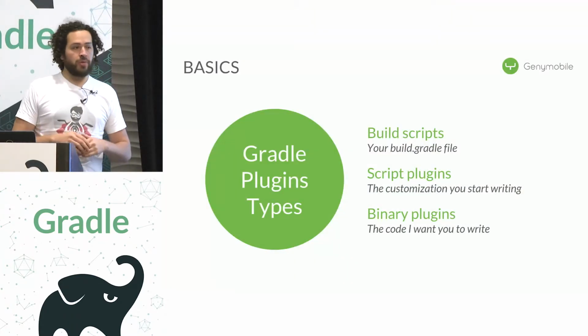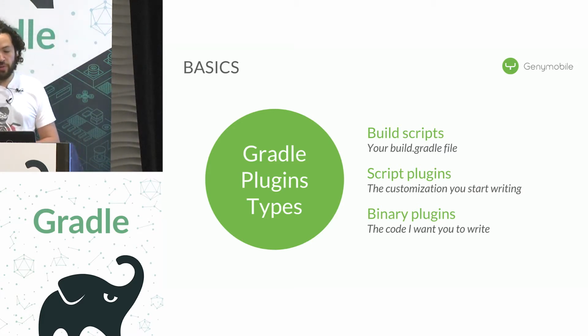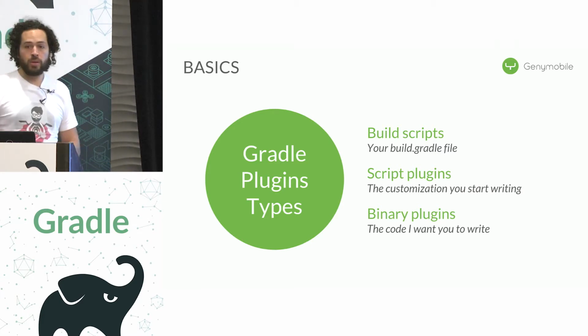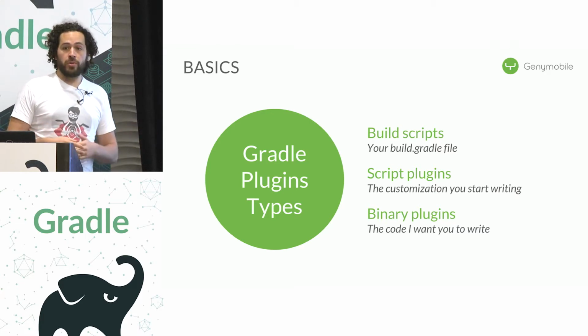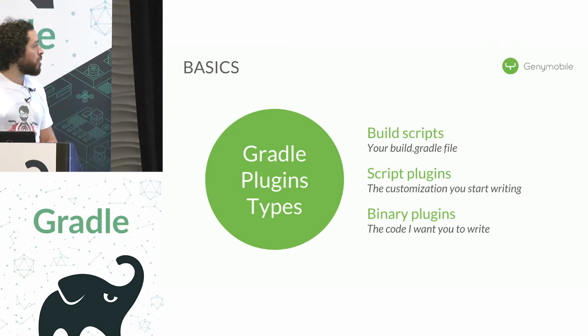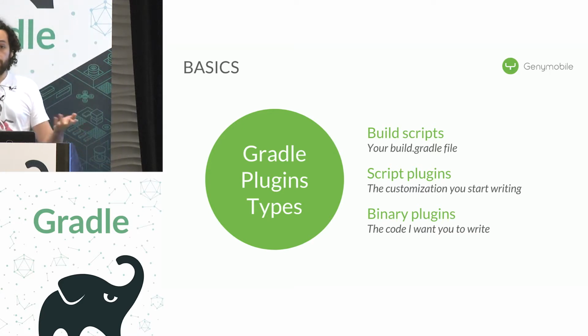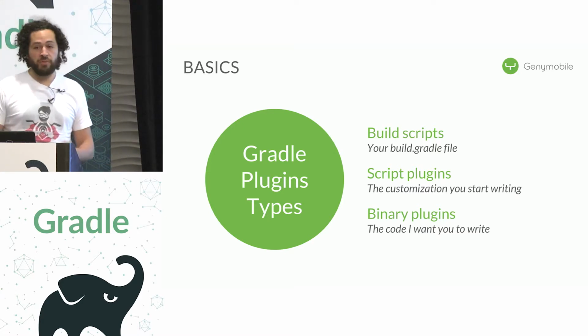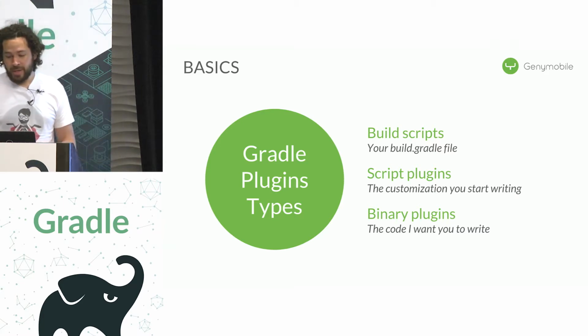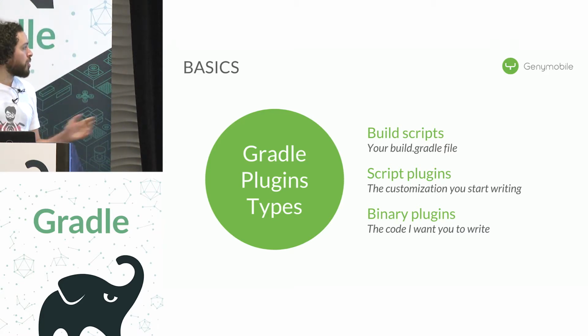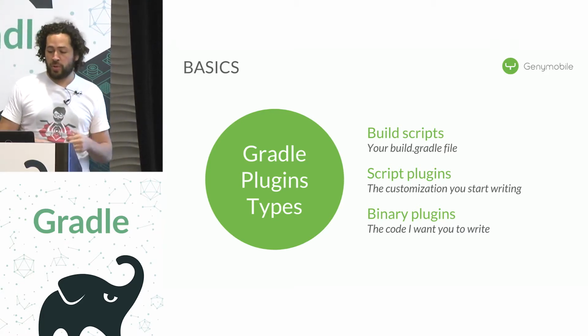First, you have three kinds of Gradle plugins. The first is the build script, the build.gradle that you, as a user, use, is considered by the Gradle engine like a plugin, really. So actually, you're already doing Gradle plugins even if you didn't know that. You have also another kind which is called script plugins.